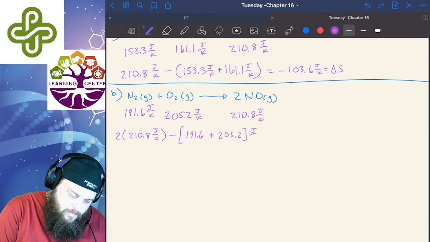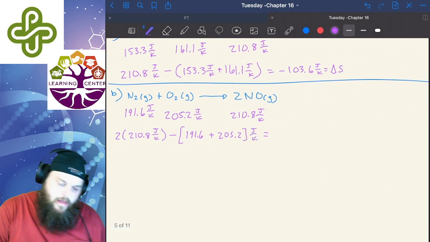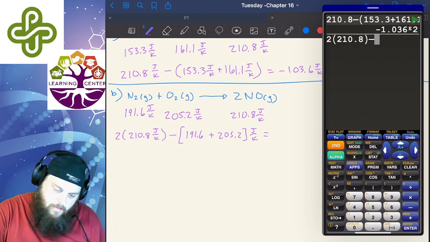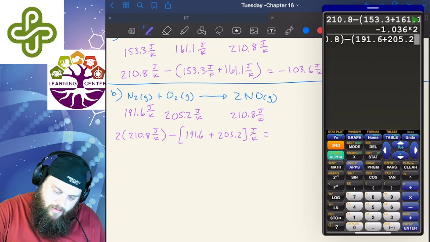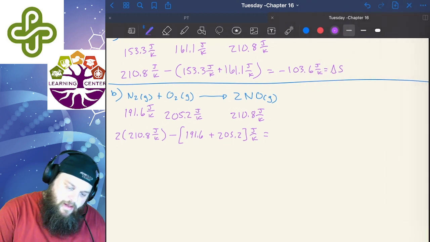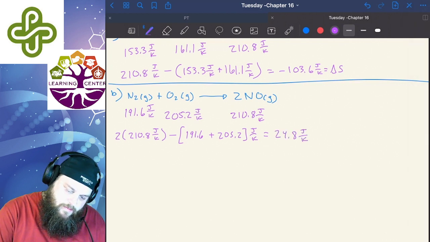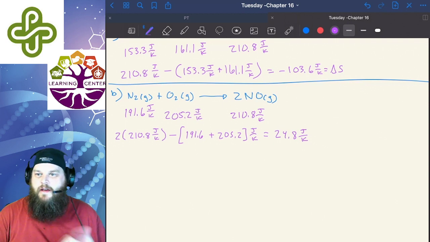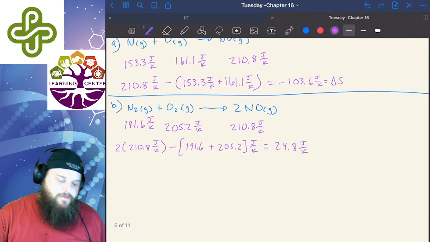Yeah, we can just do the math: 2 times 210.8 minus 191.6 plus 205.2. It's going to be 24.8 joules per Kelvin. So you can see that's the general philosophy on how we want to do things. Make sure we get the products minus the reactants.